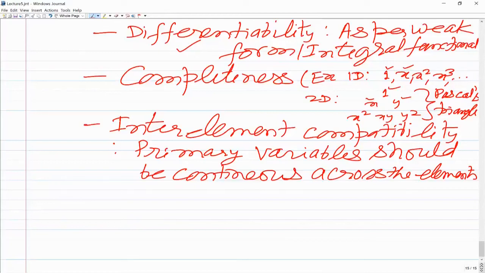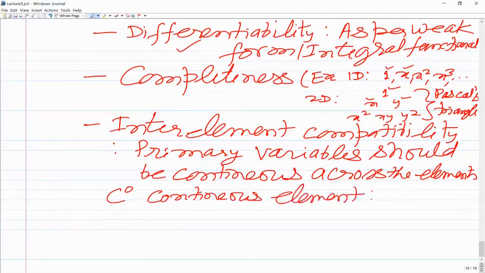Based on this inter element continuity, the elements are classified into different categories. One is C naught elements. C naught continuous elements are simply C naught elements.